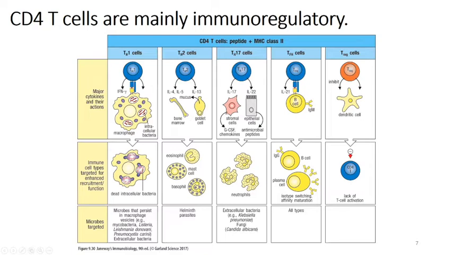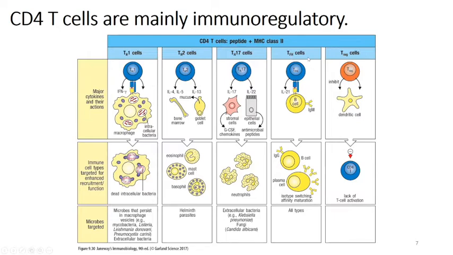In response, that Th1 cell produces gamma interferon, and that helps the macrophage kill the intracellular bacteria by a process called the respiratory burst. Respiratory burst is a way that the macrophage generates things like hydrogen peroxide and superoxide anion. So that's the function of Th1 cells.